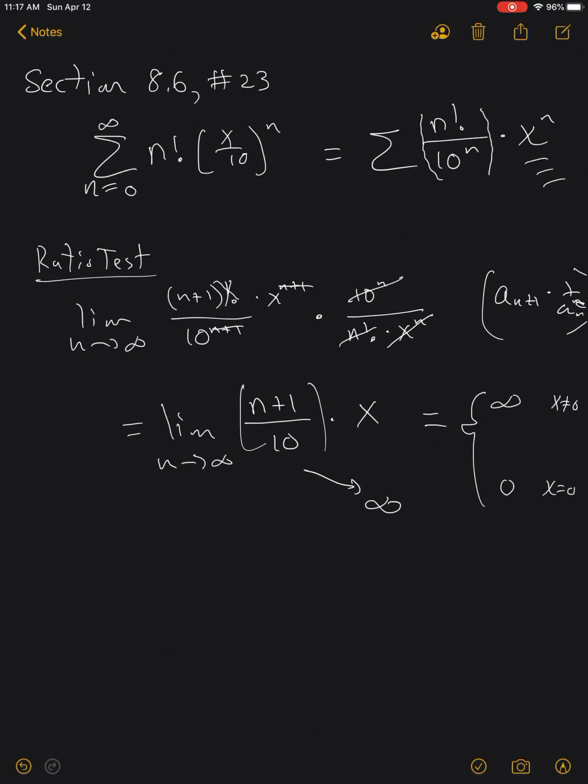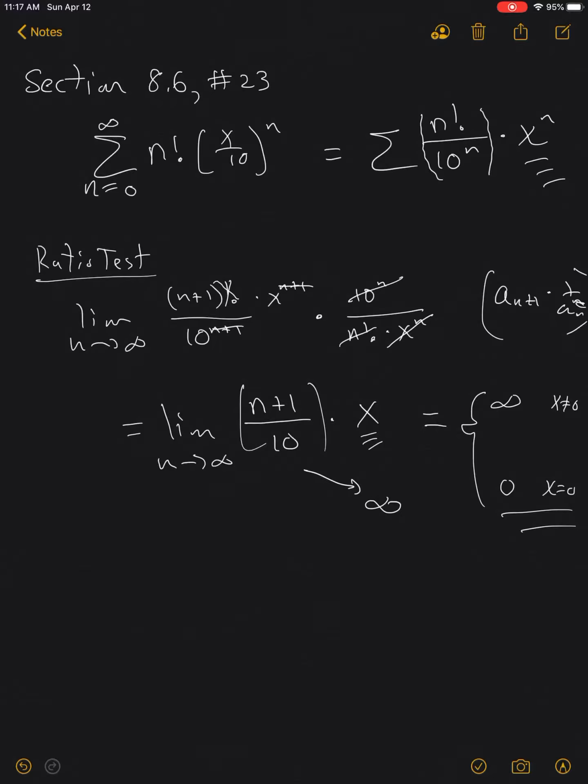If x is anything other than 0, this limit goes off to infinity. But if x is the number 0, we're looking at something that's growing and growing, but always being multiplied by the number 0. And so while this rarely ever converges, it does converge for the single value of x equals 0. So that's the only value we can plug into our original series and get a convergent series.